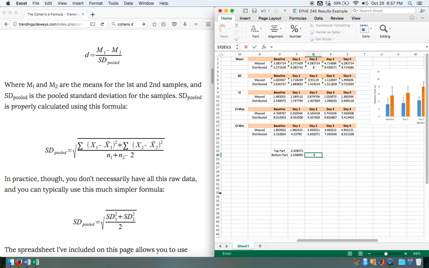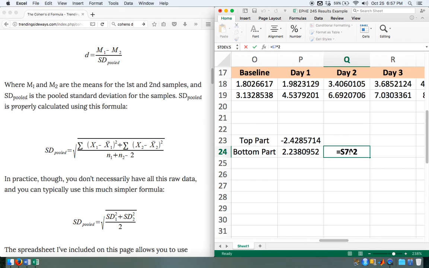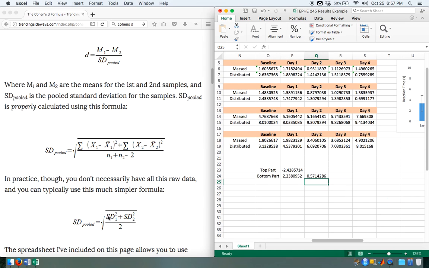Then we're going to do the second one. So that and that one now. So this to the power of 2. Okay, so to do the power of 2, it's shift 6, so this little hat guy, and that just means squared, right? So right now I have my standard deviation squared for both groups.